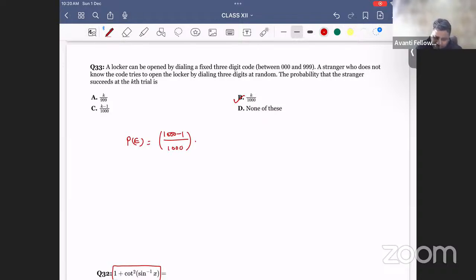Sorry, he still could not open in the second trial. Probability will be what? 999 minus 1 upon 999. Third trial, 998 minus 1 upon 998, and so on.